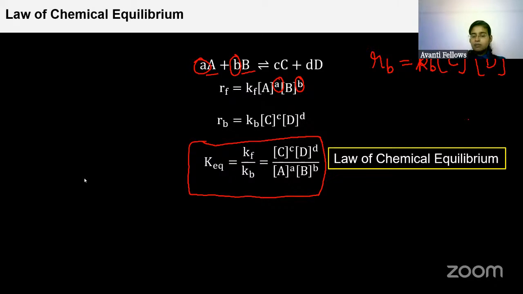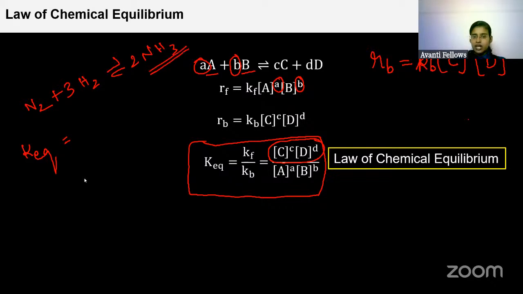So, for example, if I have the N2 plus 3H2 giving 2NH3 reaction, and I want to write the Keq, what do I have to do? I have to write the product concentration in the numerator. Who is the product here? NH3. So I write the concentration of NH3 raised to the stoichiometry coefficient 2, divided by the reactants' concentration.